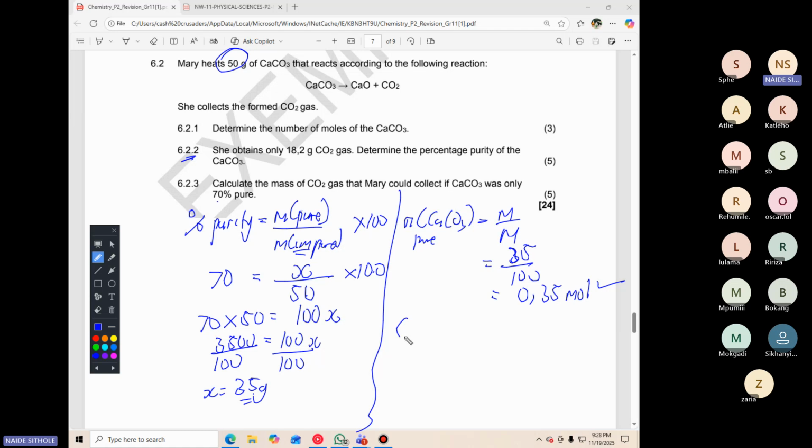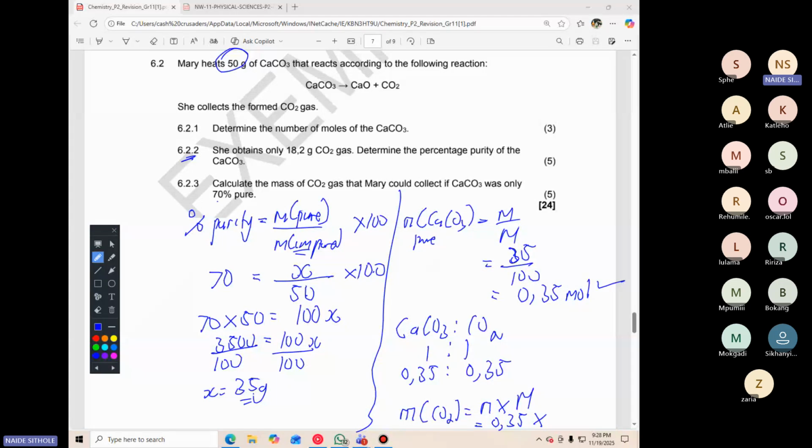Yes. Now you want to compare the molar ratios. So everything that we did in reverse, carbon dioxide, the ratio is still 1:1. So this is 0.35. That also needs to be 0.35. And then now to calculate the mass of carbon dioxide, number of moles multiplied by the molar mass, 0.35 times.